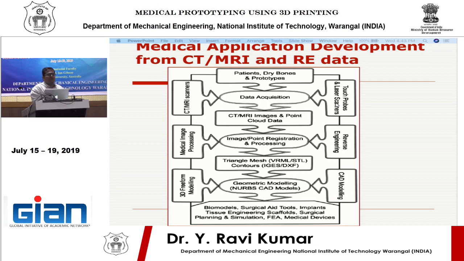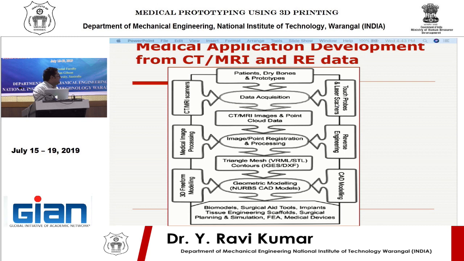That is a supporting device for the surgeon during the surgery. So it can be a tool, or it can be an implant which is going to be there permanently inside.